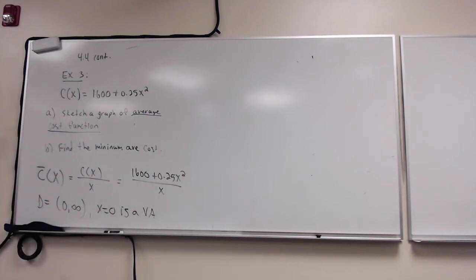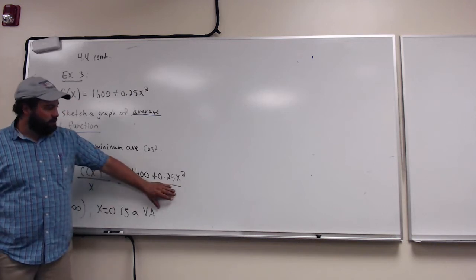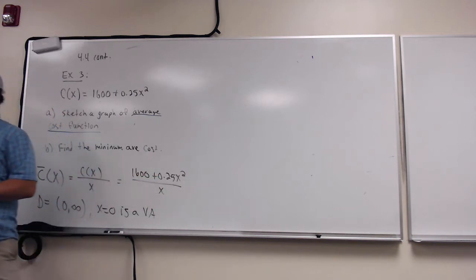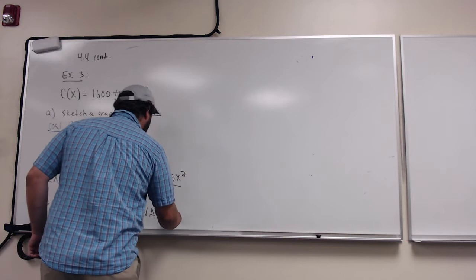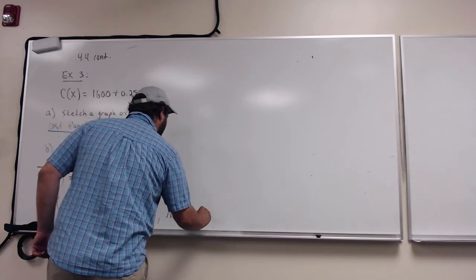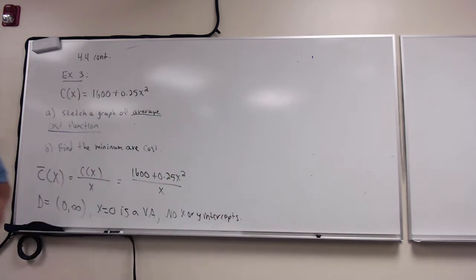And I don't think we're going to have any x-intercepts or y-intercepts for this one. Since the numerator is always positive, there's nowhere the fraction equals 0. And I can't plug 0 into the function, so there's no x or y intercepts.